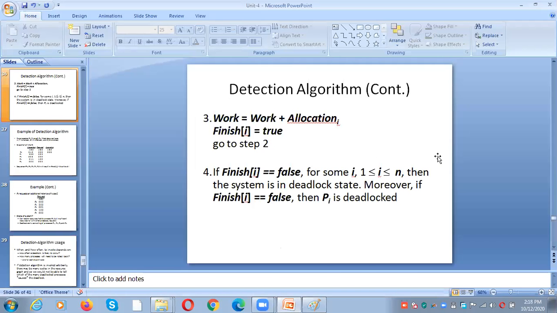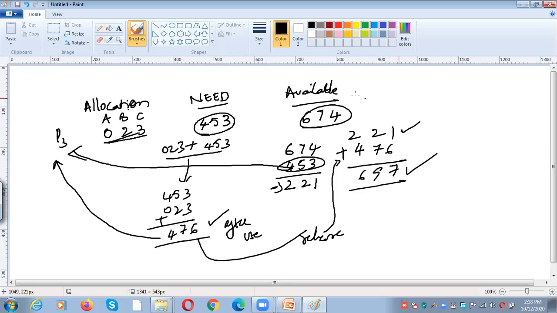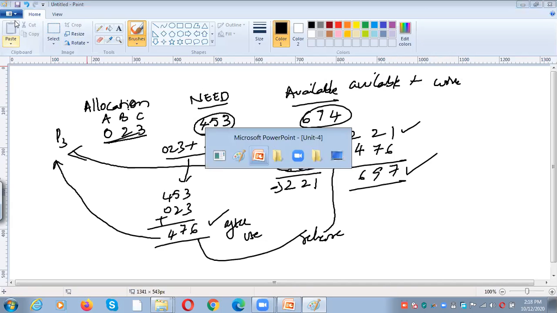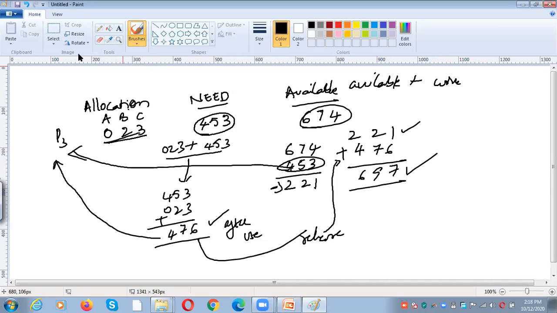So here work is available. What you are adding? So available plus, sorry, allocation. Work plus allocation means this is the allocation 0, 2, 3, and this is also allocated 4, 5, 3.